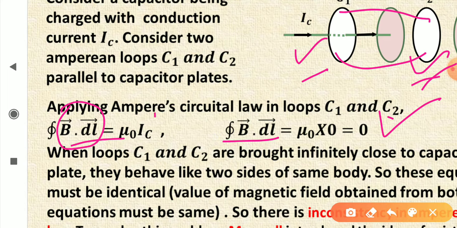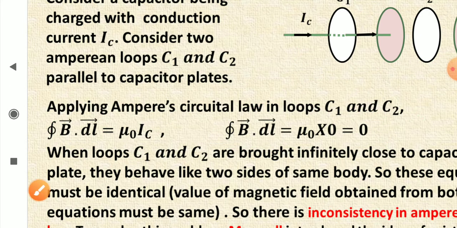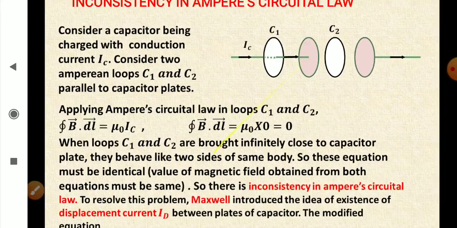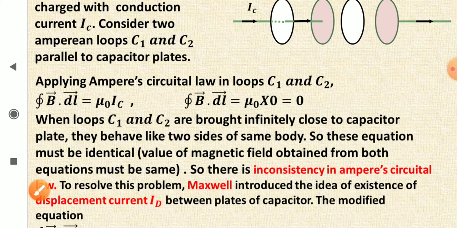For this equation, the magnetic field has finite value. From this equation, the value of magnetic field is 0. So that means there is inconsistency in this Ampere's circuital law. Some flaw is there, something is missing. So I'll just read out.